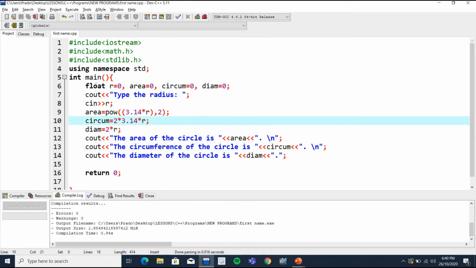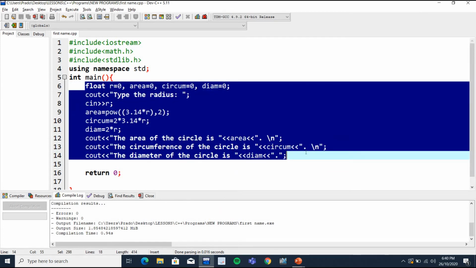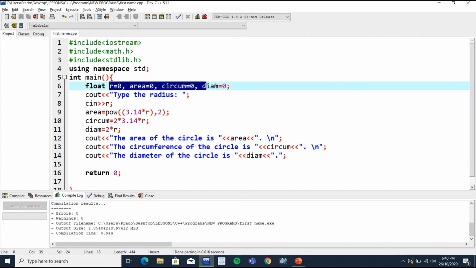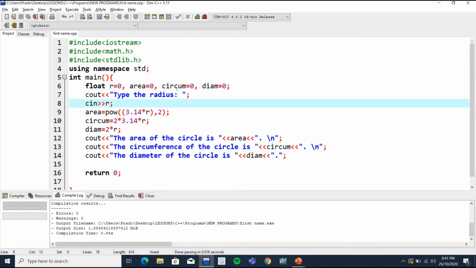So, ito po yung codes po natin dito. So, kung mapapansin nyo, una, sinet muna natin yung data types na gagamitin natin, which is float, para mas akma po yung sagot natin, makuha yung decimal. And then, nilagay po natin yung mga variables na gagamitin natin, which are the radius, area, circumference, and diameter.